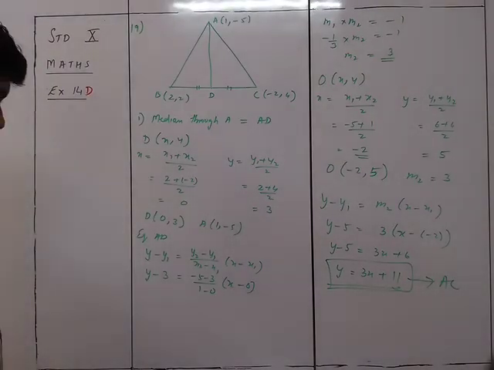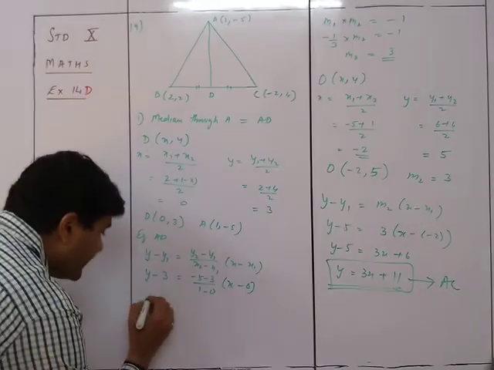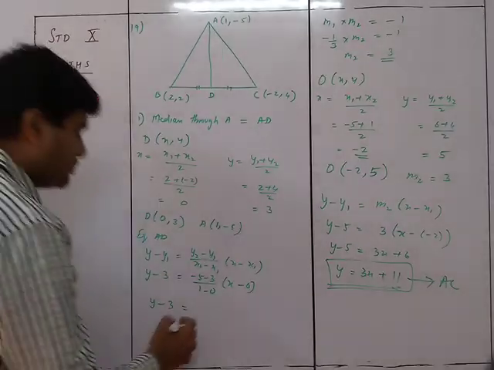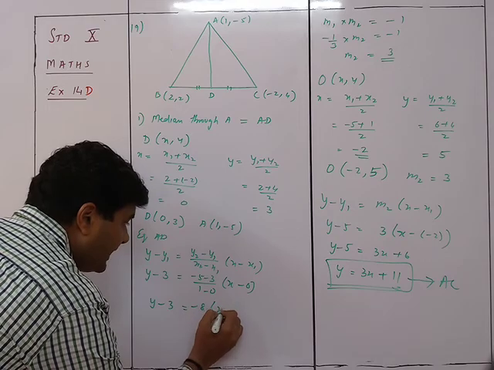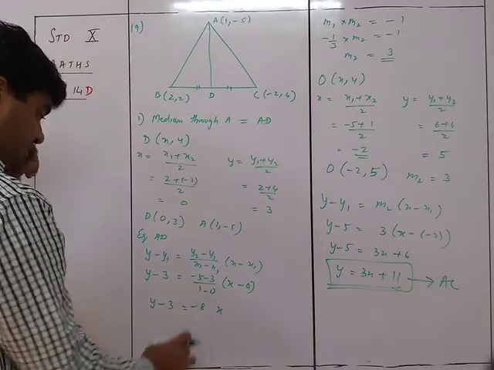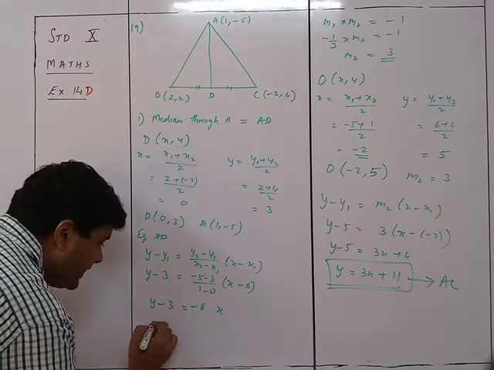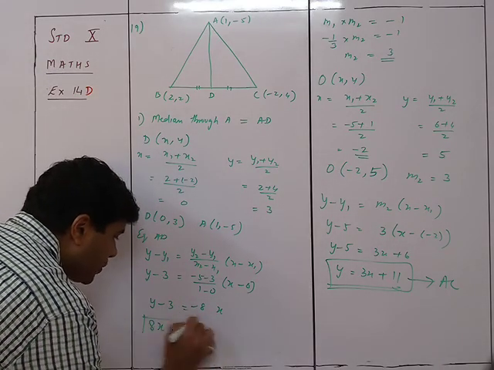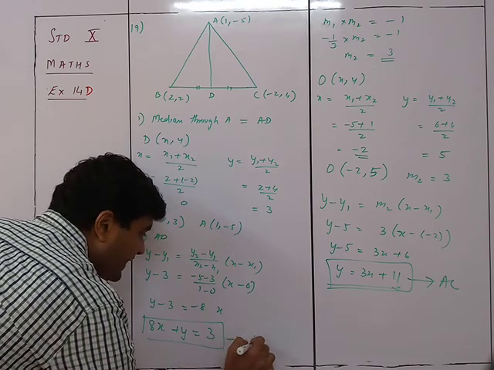Right? So that gives me y minus 3 is equal to minus 8 upon 1, so minus 8 into x. Therefore the equation is 8x plus y is equal to 3. That's the equation of AD.